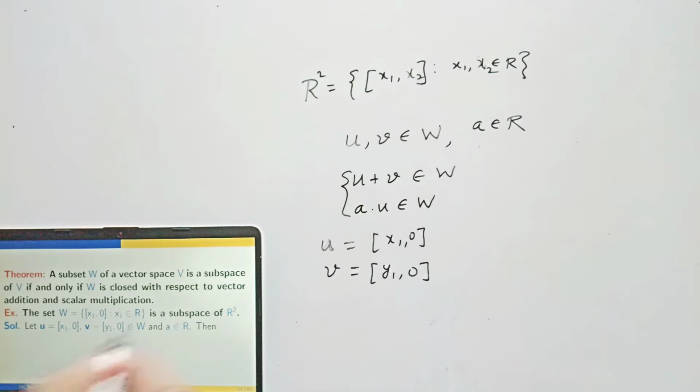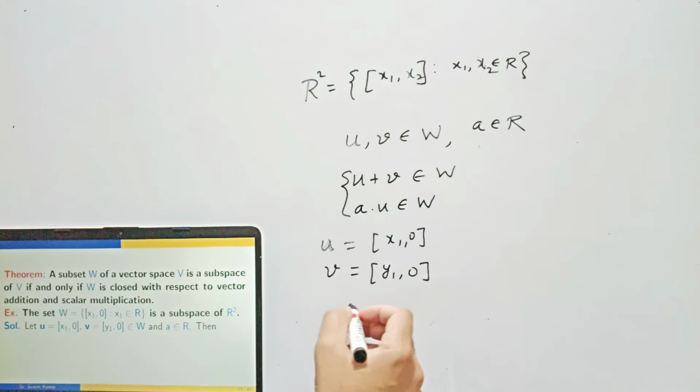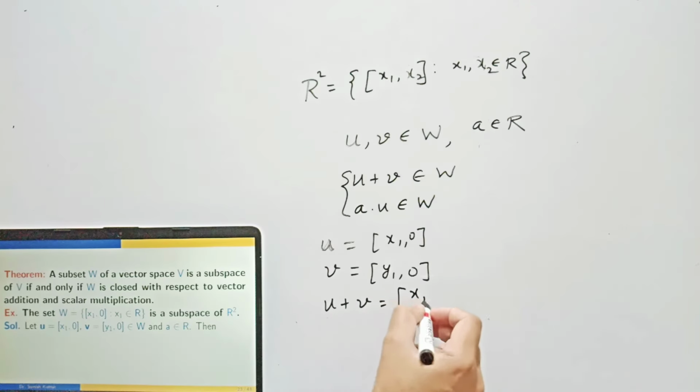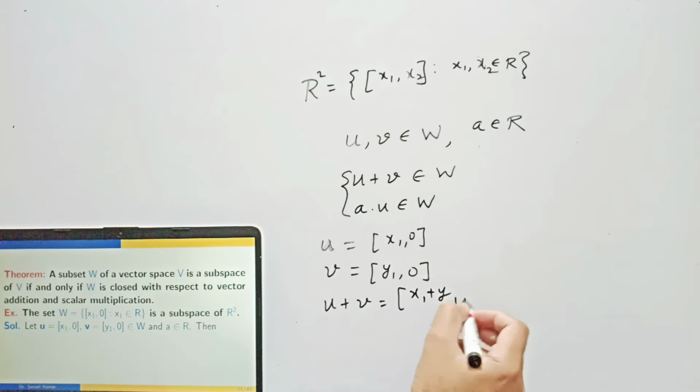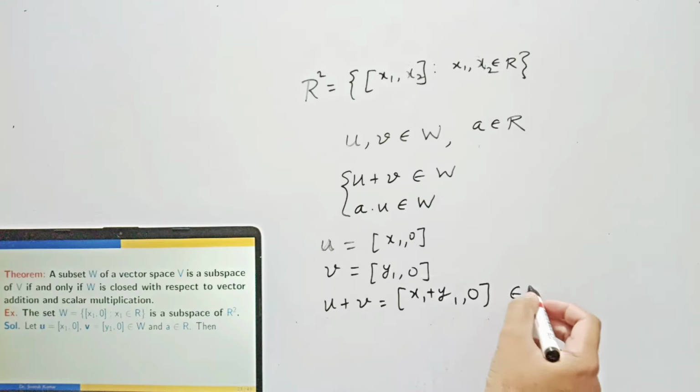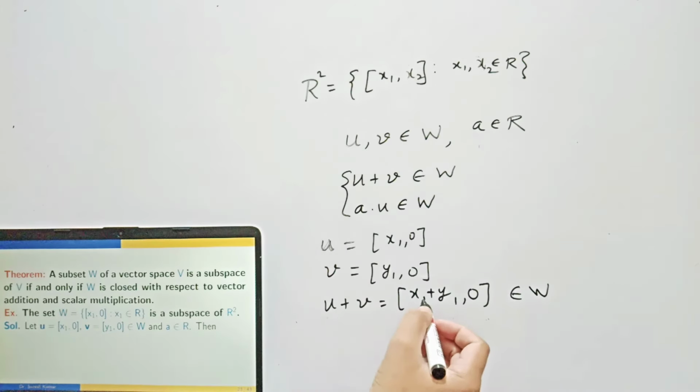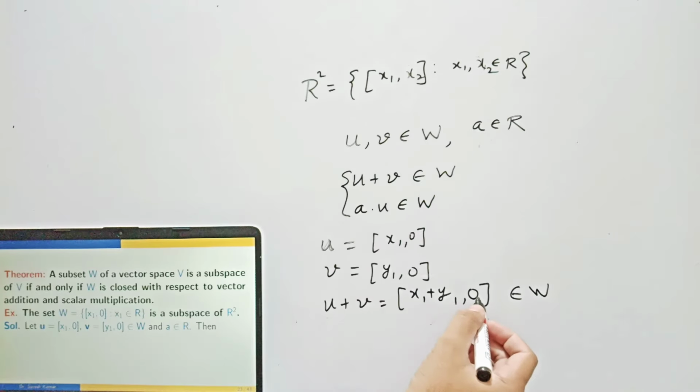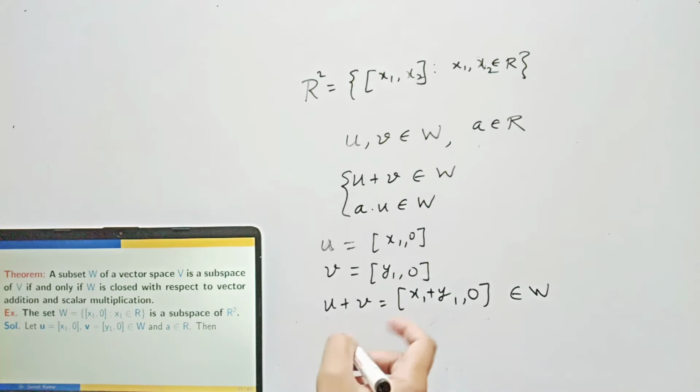In R2, one member is (x1, 0), the other is (y1, 0). So what is u plus v? It is (x1 plus y1, 0) by the definition of vector addition in R2. It belongs to W again. Why? Because the first entry is a real number, the second entry is 0. This kind of member is there in W. So it belongs to W.